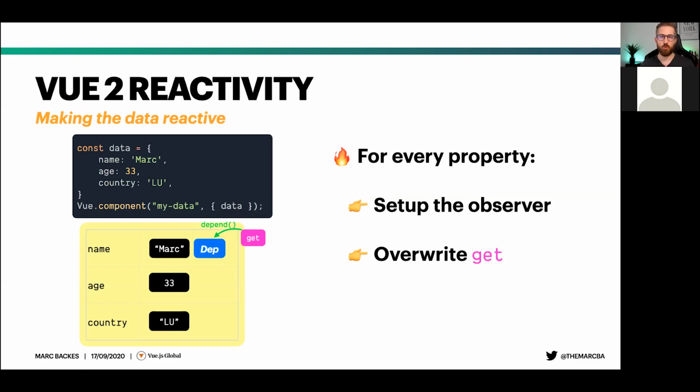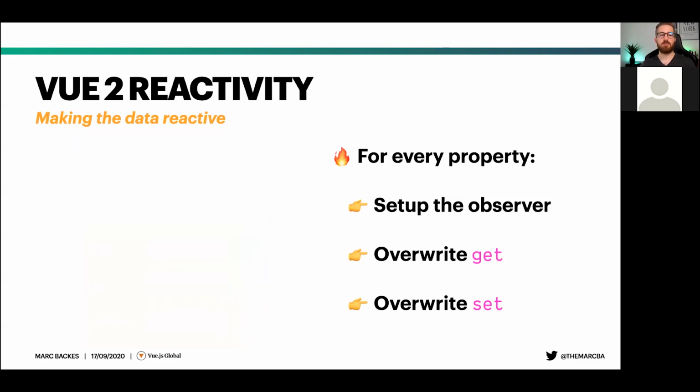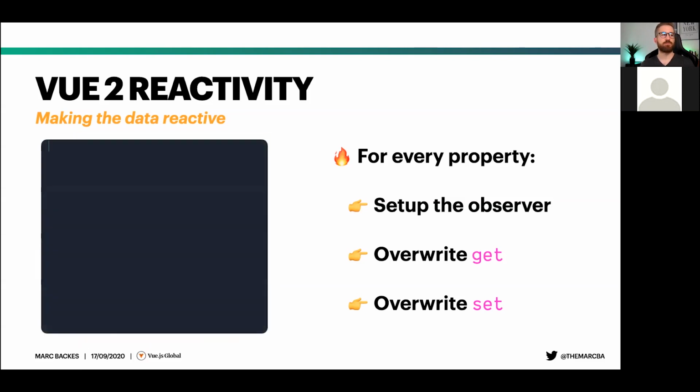So we just record that we want this side effect to be executed when something changes. And we override the set function, the setter. This is when we detect that a change happens, and we want to rerun all those effects that we need updated. So in practice, this looks a little bit like this.